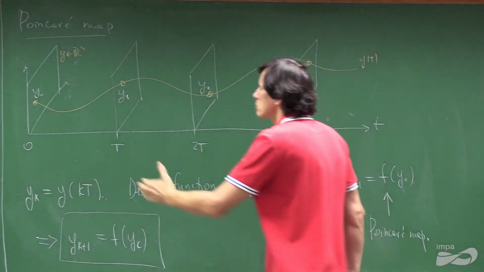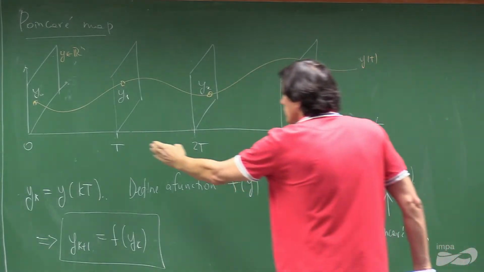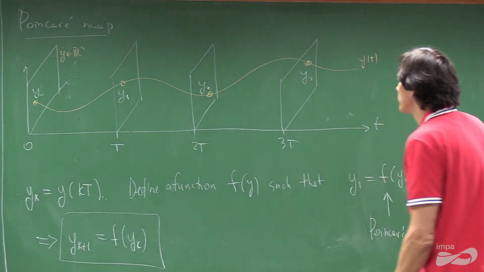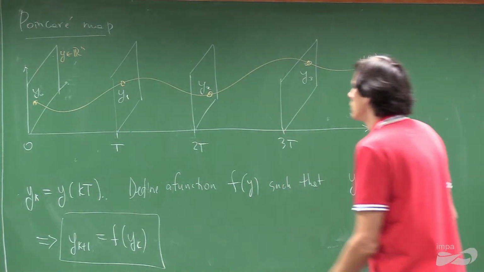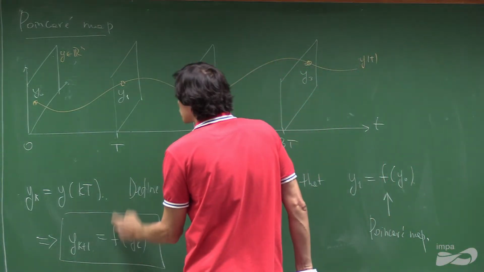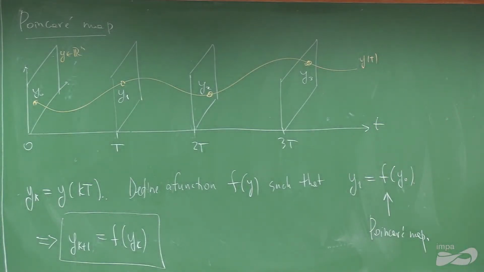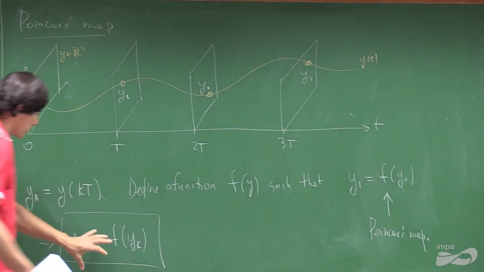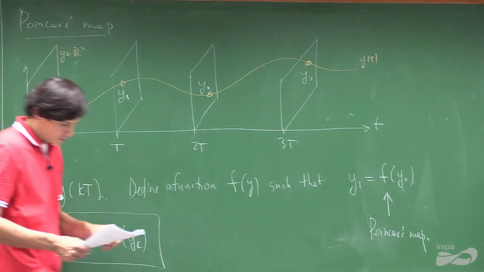It's like you're filming with an interval between shots equal to T, and using this function you will know what you will see at every next period. And this is simpler, because we disregarded the full interval and only considered some discrete points.